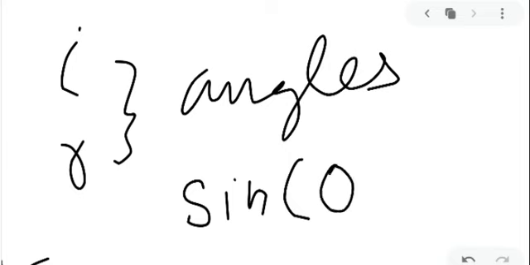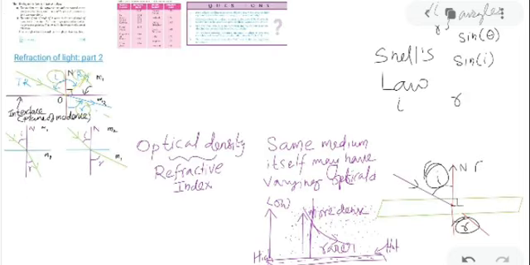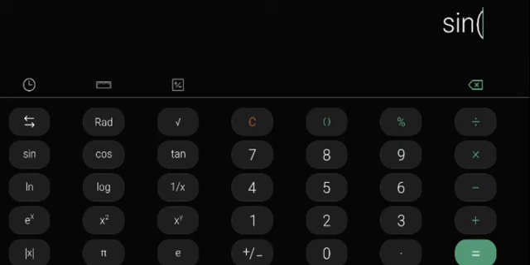Whatever the angle theta is, we can calculate the corresponding sine value. So if you are given angle I, you can find sine of I. Let me demonstrate using my calculator. Suppose my angle of incidence was 43. What will be the sine of 43? Let's see, 0.681.